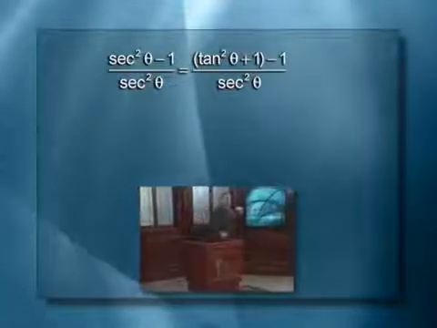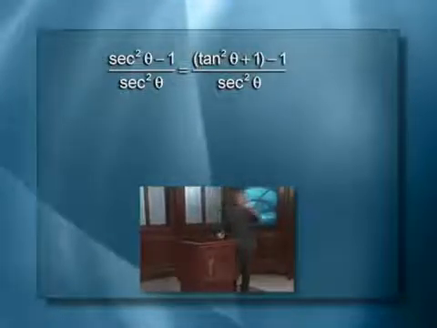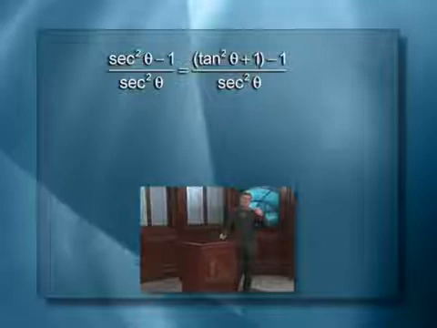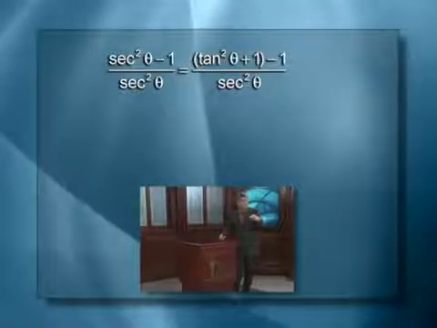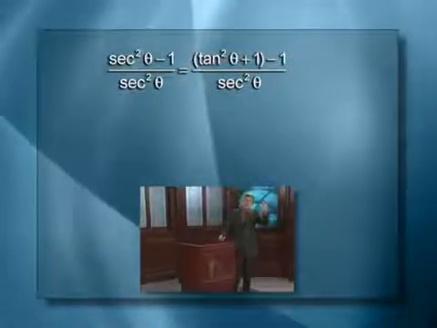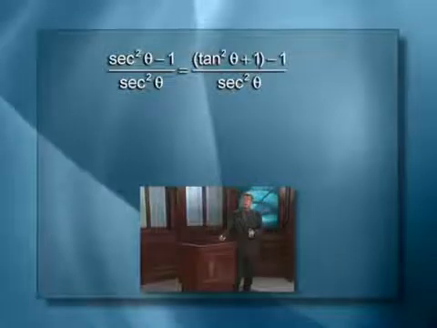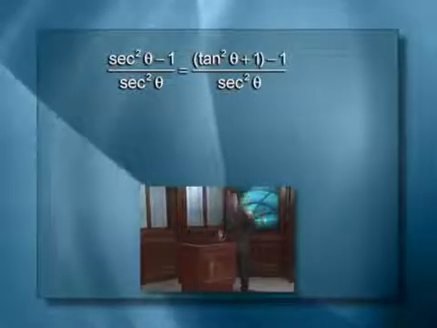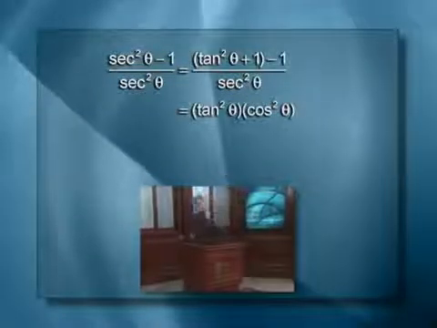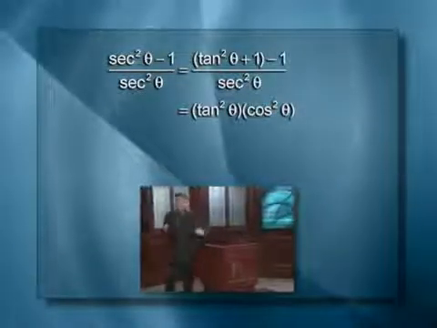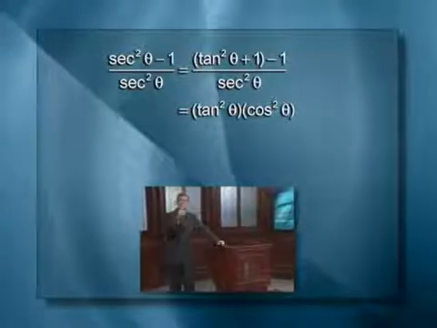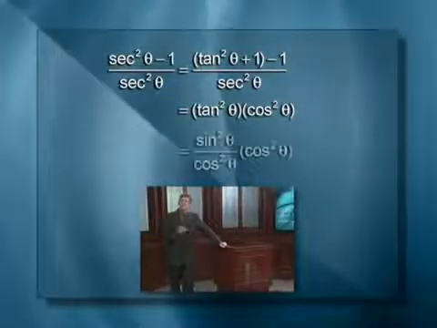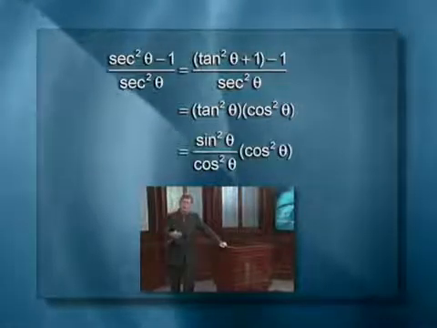But now watch. If secant's in the denominator, and secant is the reciprocal of cosine, I can pull it up to the numerator as cosine squared, right? Cosine and secant are reciprocals of each other. So now I have tangent squared times cosine squared. We're getting there. Well, let's change tangent squared to its definition, sine squared over cosine squared.